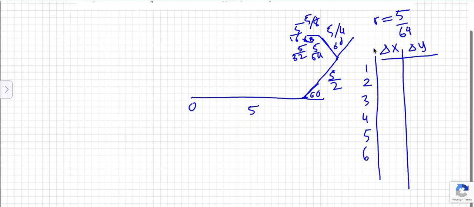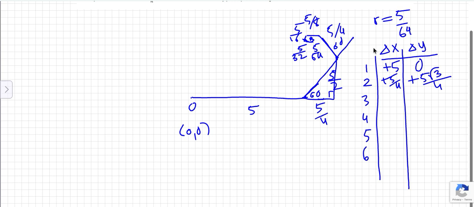Okay, so on our first step, our x is changing by +5, and then y is changing by 0. For our second step, since the hypotenuse here is 5 over 2, we have this 30, 60, 90 triangle here. And so that would give us that the leg over there is 5 over 4. Then multiplying by square root of 3, we get that the height is going to be plus 5 square root of 3 over 4.